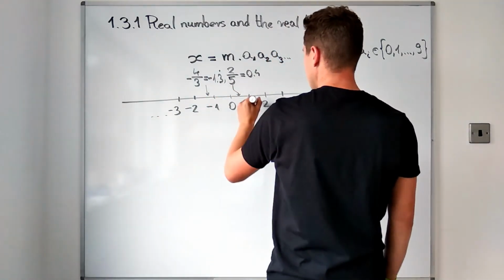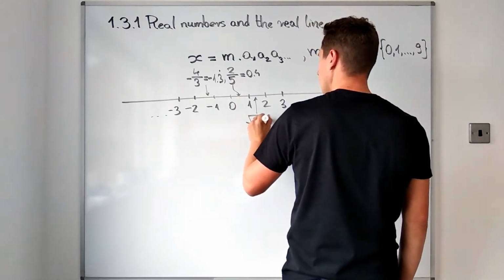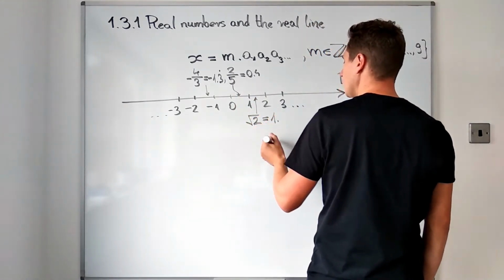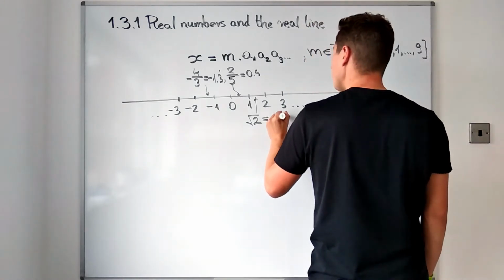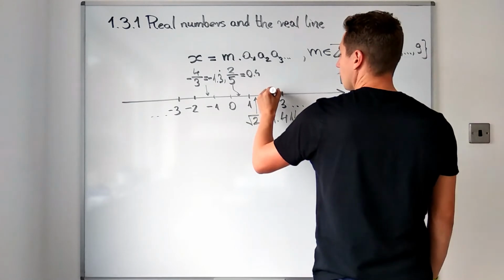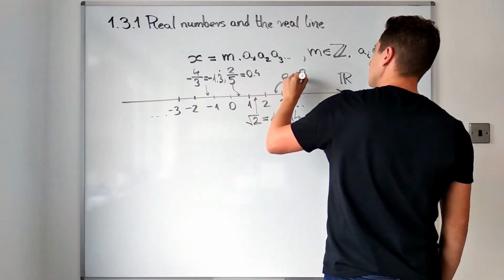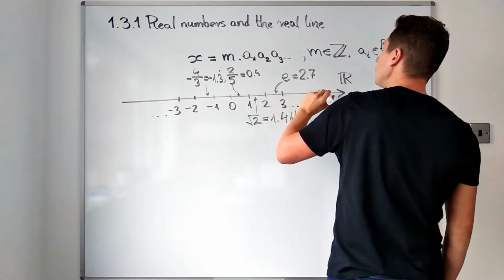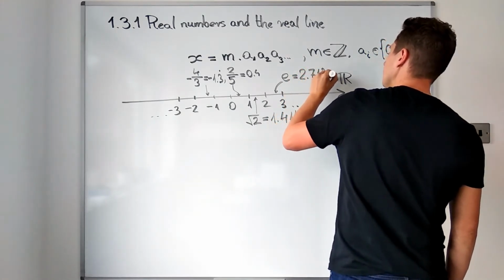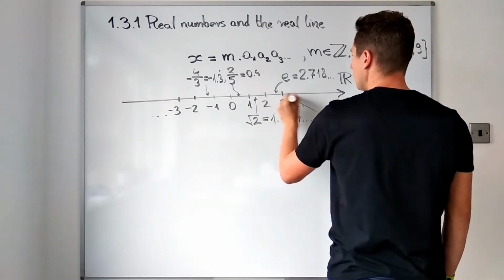Other numbers would include the square root of 2, which has the decimal expansion of 1.414, and so on. An interesting number is e, Euler's number. It has the decimal expansion of 2.718, and so on. We will see this number later on appearing in the module.